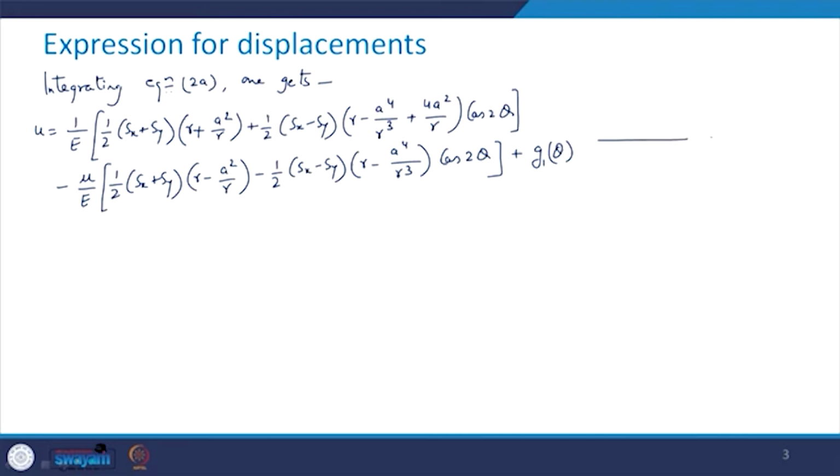Make this equation as equation number 3, where this g1 theta is the constant of integration.